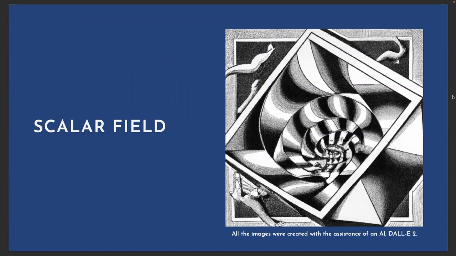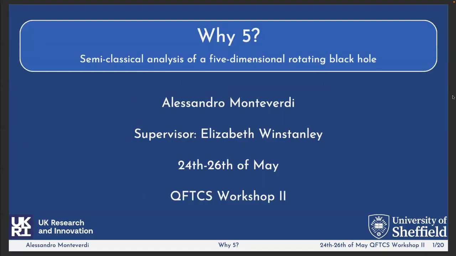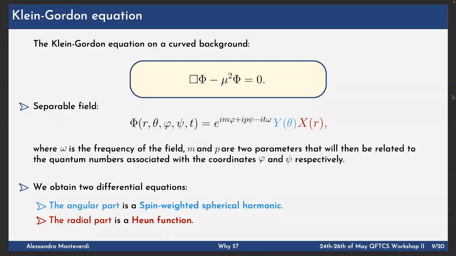And so we're left with the goal of solving the Klein-Gordon equation. So this is the Klein-Gordon equation on my curved background. And first of all, since the symmetry of my black hole, the field is separable. We can split it in this form between angular part and radial part.